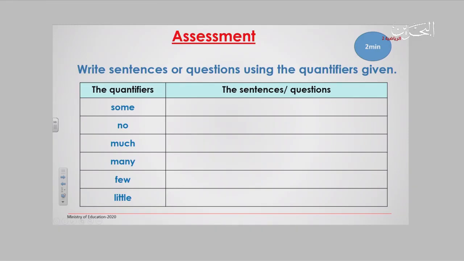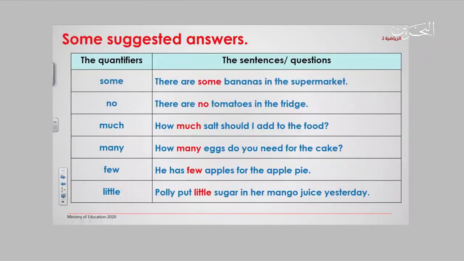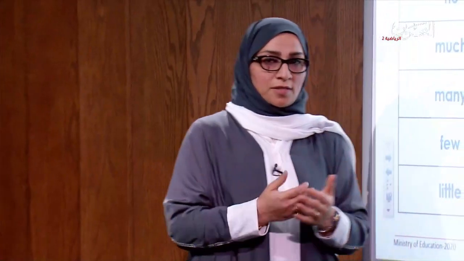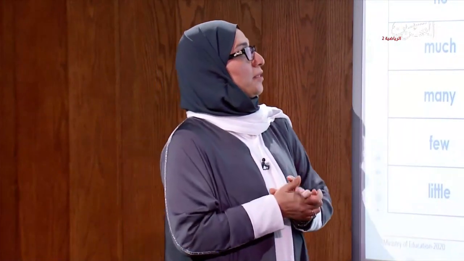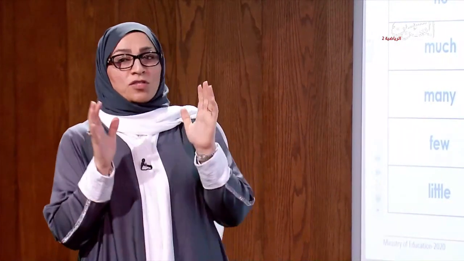Now, are you ready to check your answers? Here we are. These are just suggested answers. You may have other sentences, no problem. Let's start. Some: the most important thing is that I can use some with both. So you can relax.